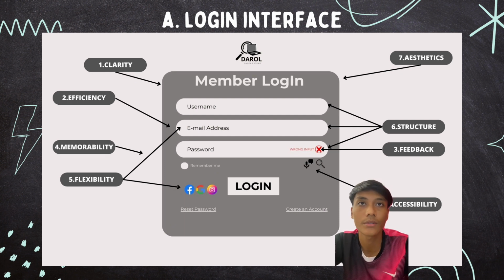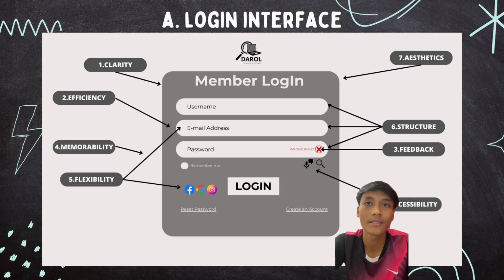The login interface should be flexible enough to accommodate different types of users. For example, it should allow user to log in with their email address and social media account. So number 6 is structure. Organize the interface in logical and sequential order with clear labels for each input field.